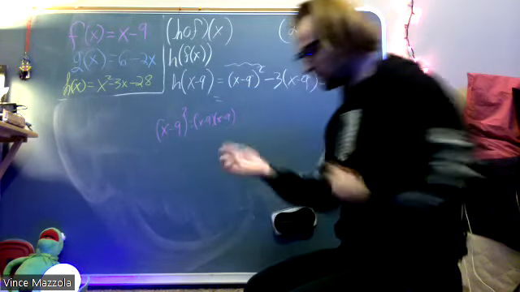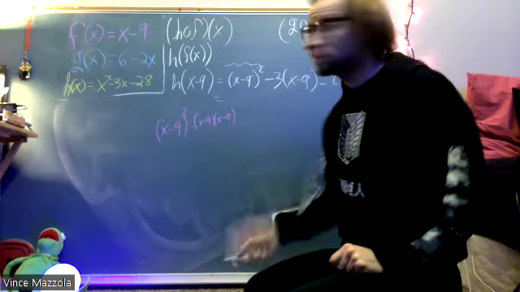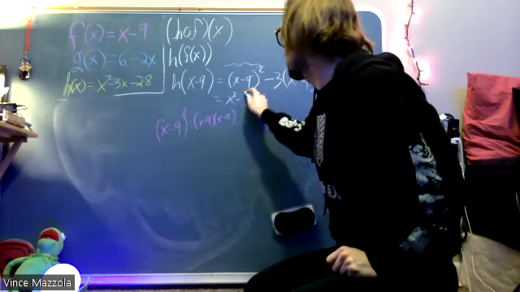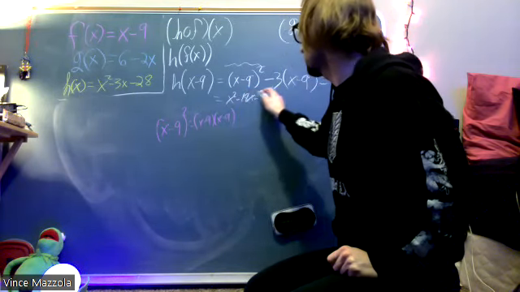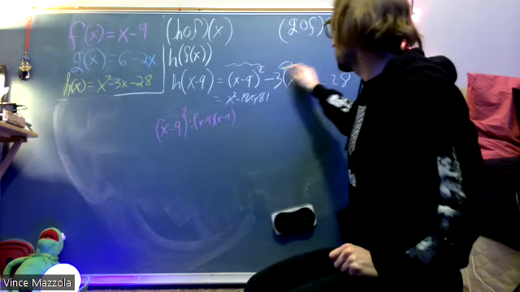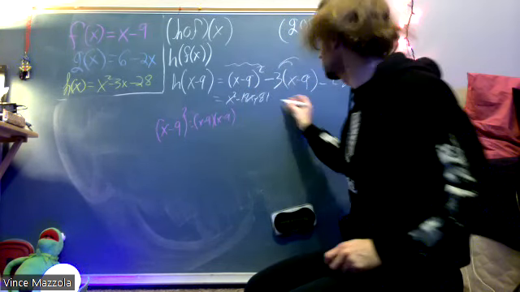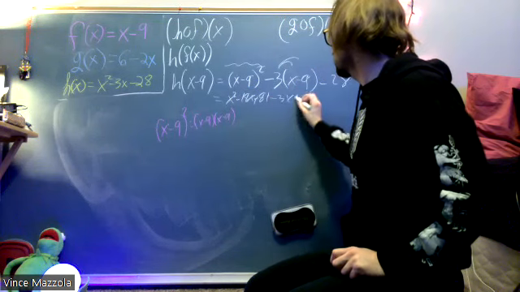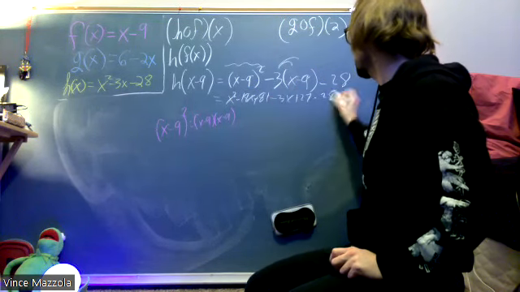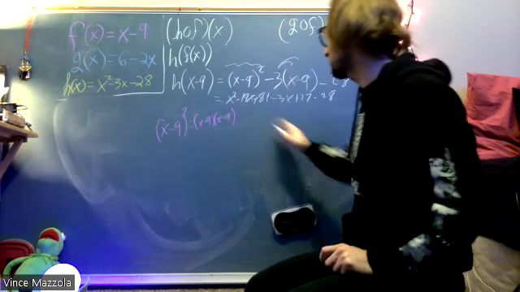So this turns out to be, and there's a trick to it once you do enough of these, x squared minus 18x plus 81, distributed to 3, negative 3x plus 27 minus 28, and then just combine some like terms.